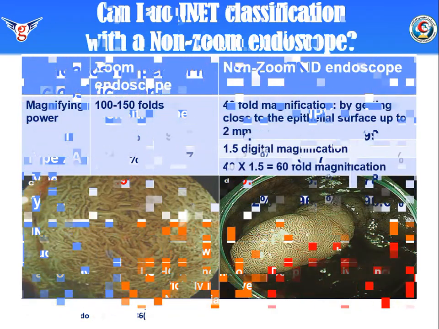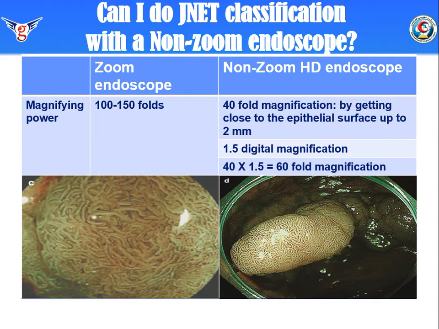Before leaving the magnifying endoscopy, I would like to answer the question: can we do magnifying image classification with a non-magnifying endoscope? To answer that question, we need to know that the zoom endoscope has a magnification power from about 100 to 150 fold.